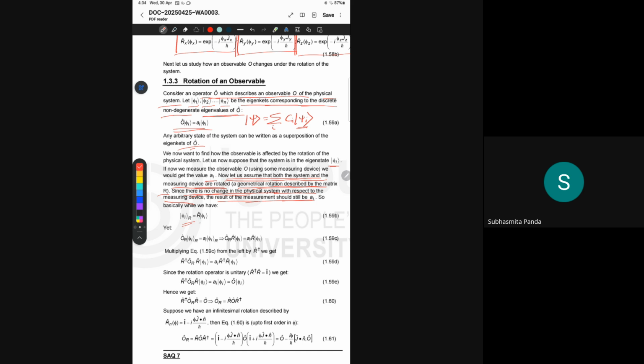Rotation matrix or rotation operator R operating on state phi I. Okay, let me write down.